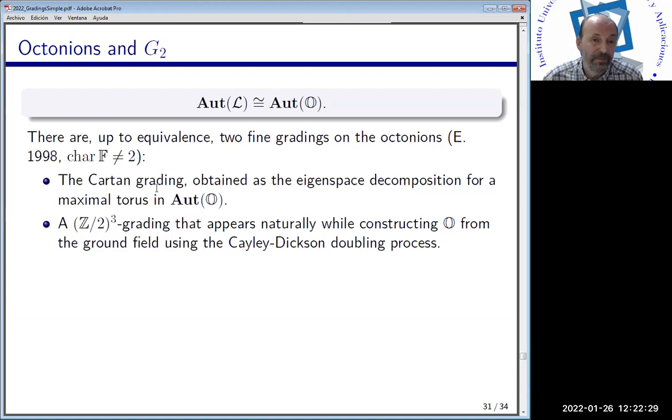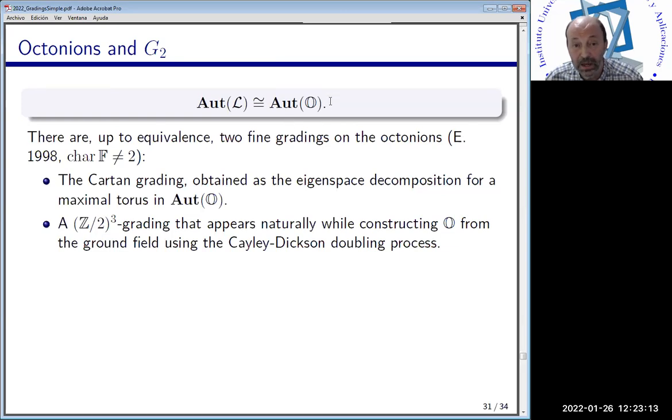And fine gradings appear in just two ways: either the analogue to the Cartan grading, which is the eigenspace decomposition relative to a maximal torus, or octonions can be constructed using the Cayley-Dickson doubling process, starting with the ground field if the characteristic is different from 2. If the characteristic is 2, one starts with a quadratic field extension. But anyway, one can use this Cayley-Dickson doubling process starting with the field, and this gives gradings by elementary 2-groups. And essentially, these are all gradings on the octonions.